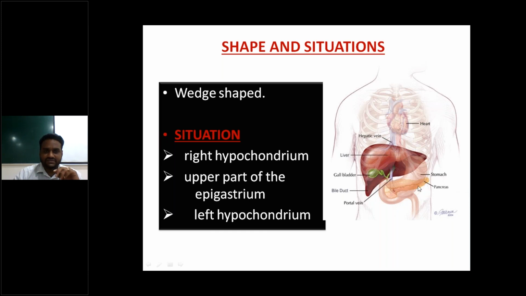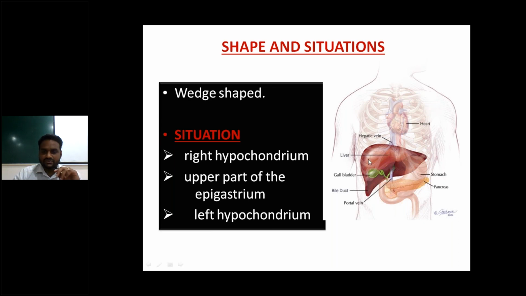Now, shape and situation. What is the shape of the liver? You know it. Wedge. Wedge shaped. And situation: the right hypochondrium, this one; the epigastrium, this region with the arrow I'm showing; and the left hypochondrium.